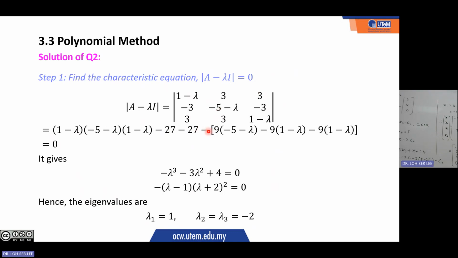Then minus the other direction, the 3 entries each time, you get this. Simplify, expand, you get this one. Factorize and obtain your lambda. This is how we find the eigenvalues.